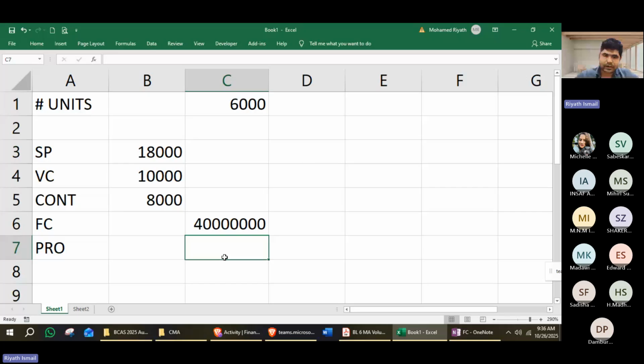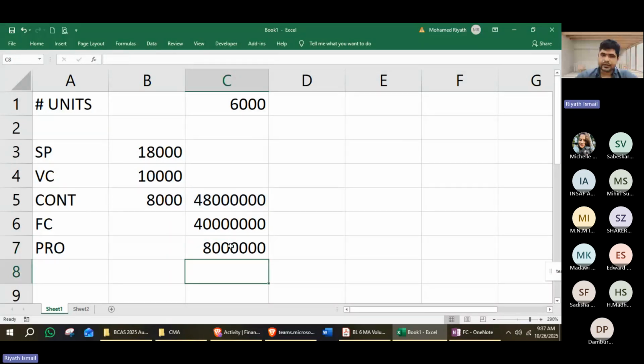Now let's see the present profit. Present profit is the contribution per unit into the number of units of production, then the profit equals contribution minus fixed cost.